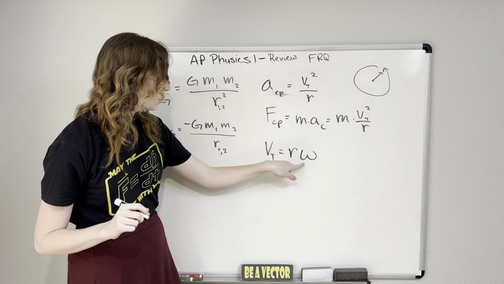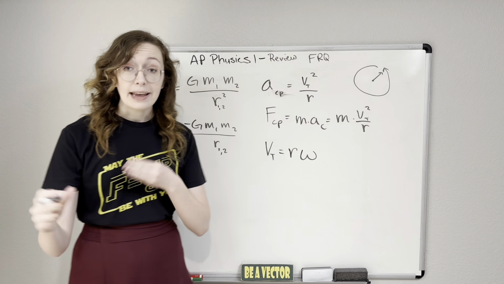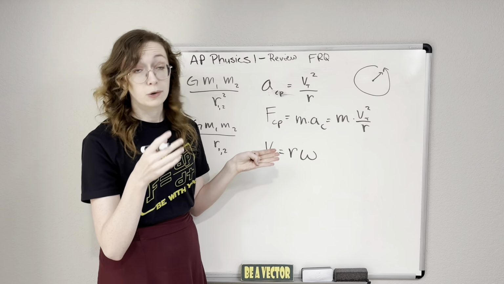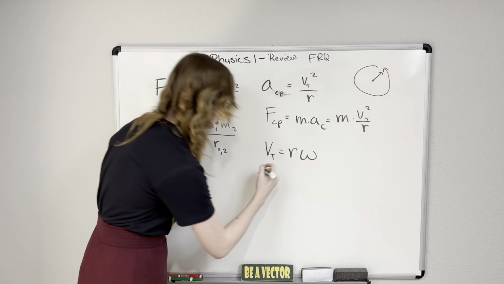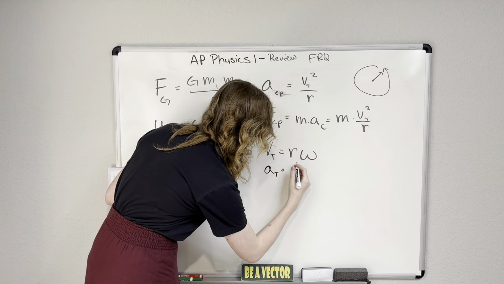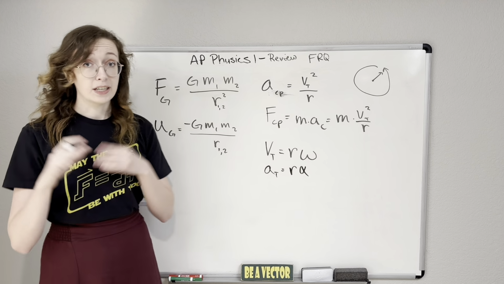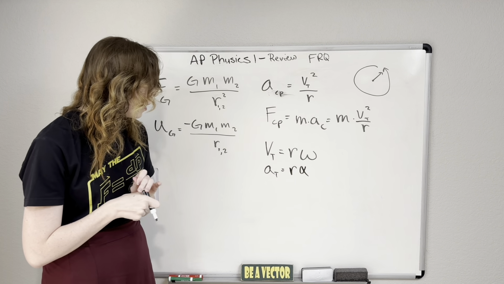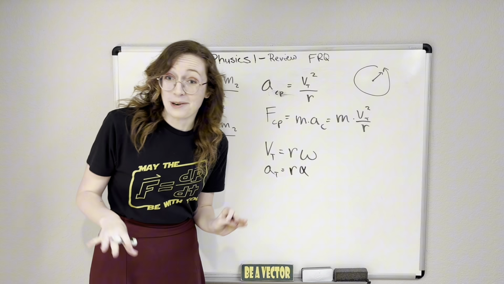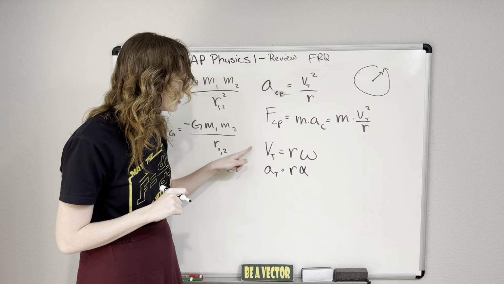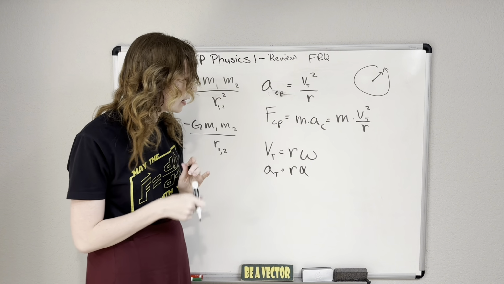So Vt is equal to r omega. Similarly, I can translate between my tangential or linear and angular acceleration by just multiplying my angular acceleration by r. So these two equations are very much analogous to one another, and thankfully they're not too gross. So that's how we calculate tangential velocity and acceleration.